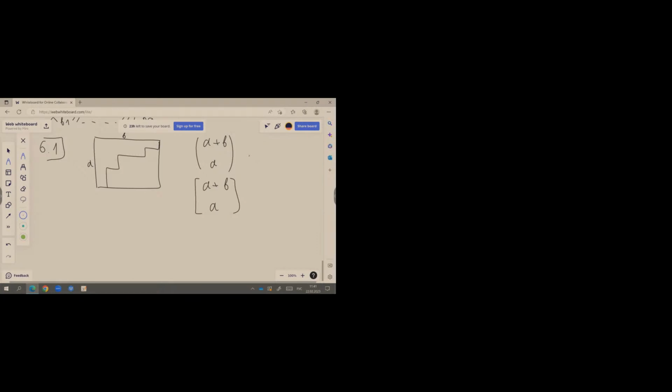And let us then send B and A to infinity. Let me write it in the factorial form. B factorial.